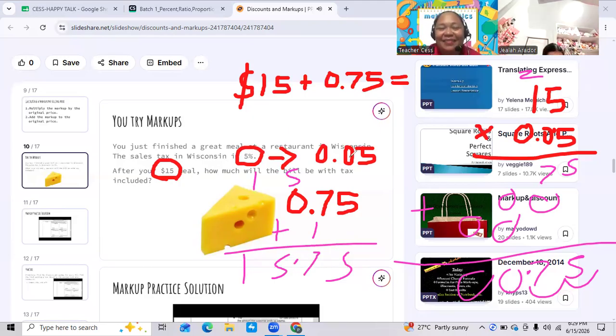Very good, Jela. That is correct. It means after adding the tax 5%, you will pay $15.75. Okay? Do you have any question? No, teacher.